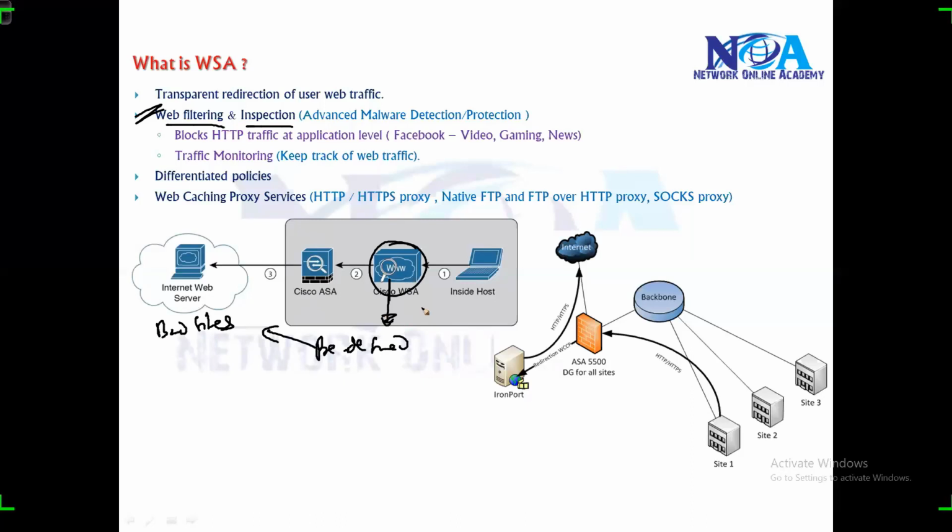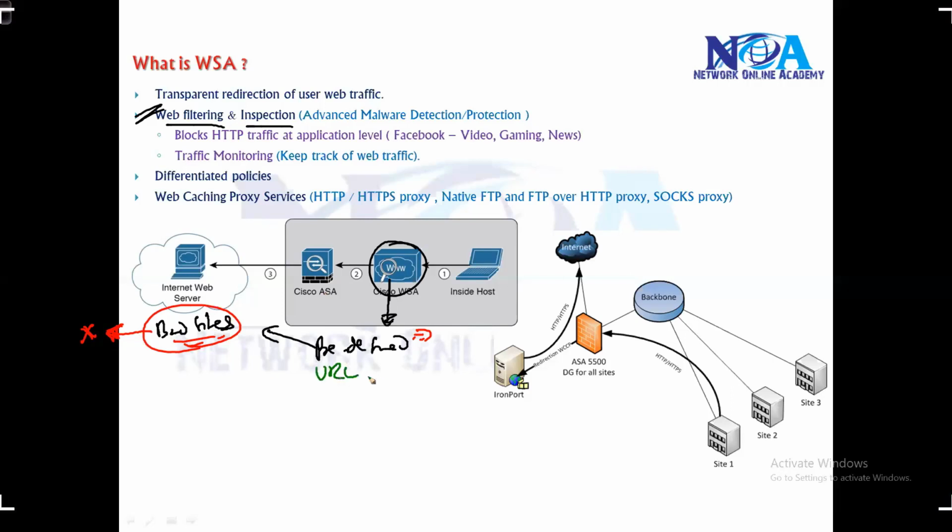If you're trying to access a bad website, there is some kind of reputation scoring, so it will be automatically blocked based on the predefined categories. You don't need to specifically say, block this particular URL. Any website which contains malicious code, as per the database, will be blocked automatically.